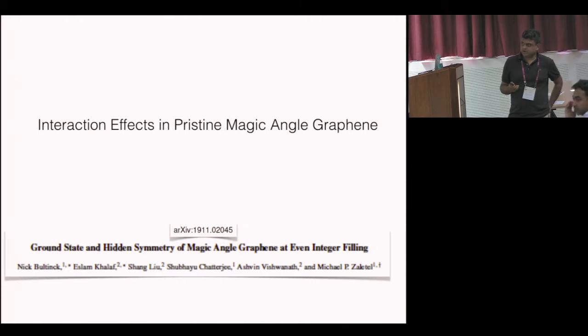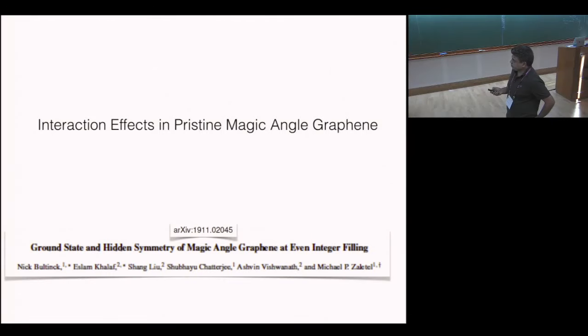So the proposed ground state is conventional in many ways. You can think of it as a Slater determinant or a Hartree-Fock state. But the kind of order that appears was, at least to me, extremely unexpected, and there are some interesting topological aspects of that state.